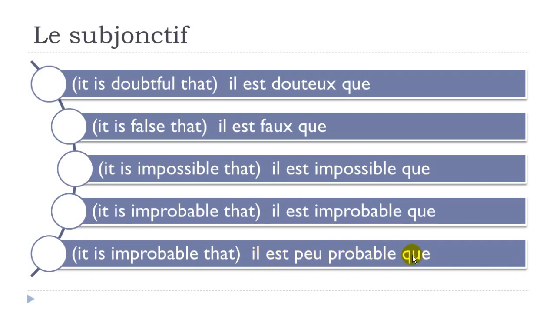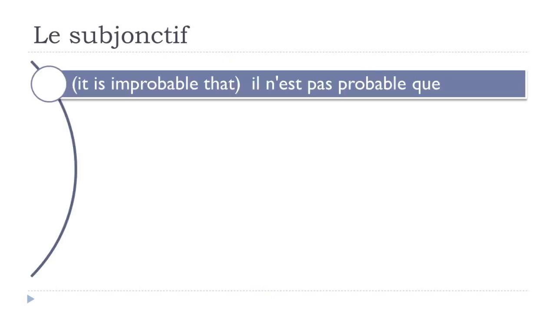Il est peu probable que. Okay, so one more time: il est douteux que, il est faux que, il est impossible que, il est improbable que, il est peu probable que. And remember, after these little things, you will have to use le subjonctif. All right? Let's continue now.